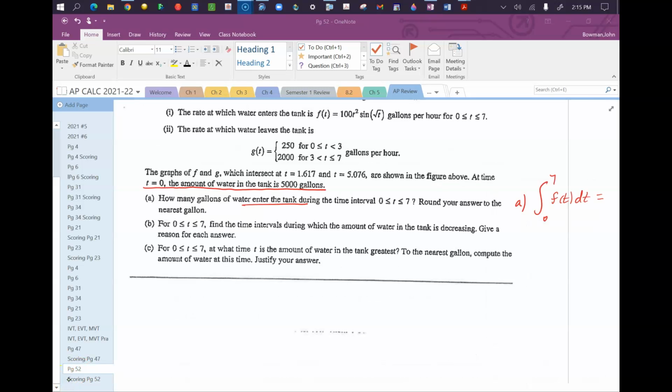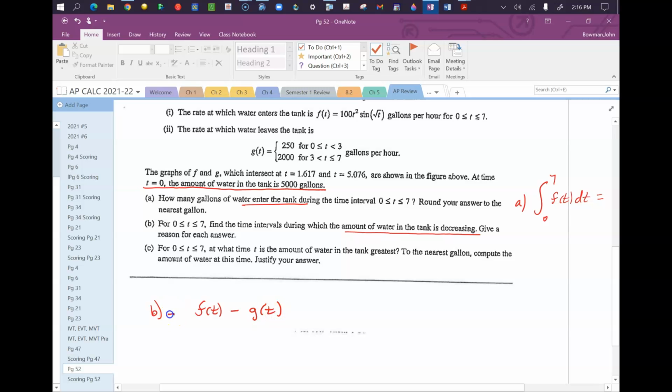Part B says, for the interval from 0 to 7, find the time intervals, plural, during which the amount of water in the tank is decreasing. Give a reason for each answer. Okay, so let's think about this. The water is flowing into the tank at f of t gallons per hour. It's flowing out of the tank at g of t gallons per hour.